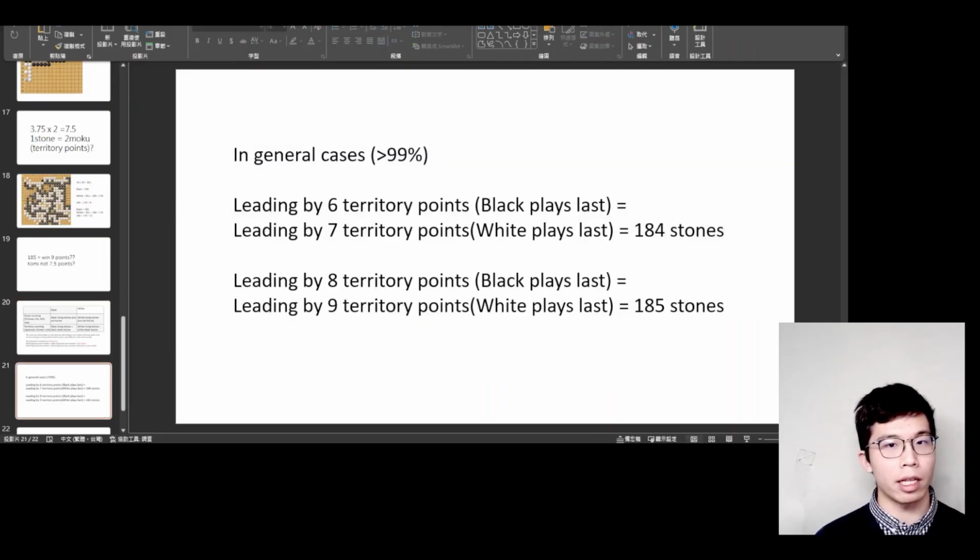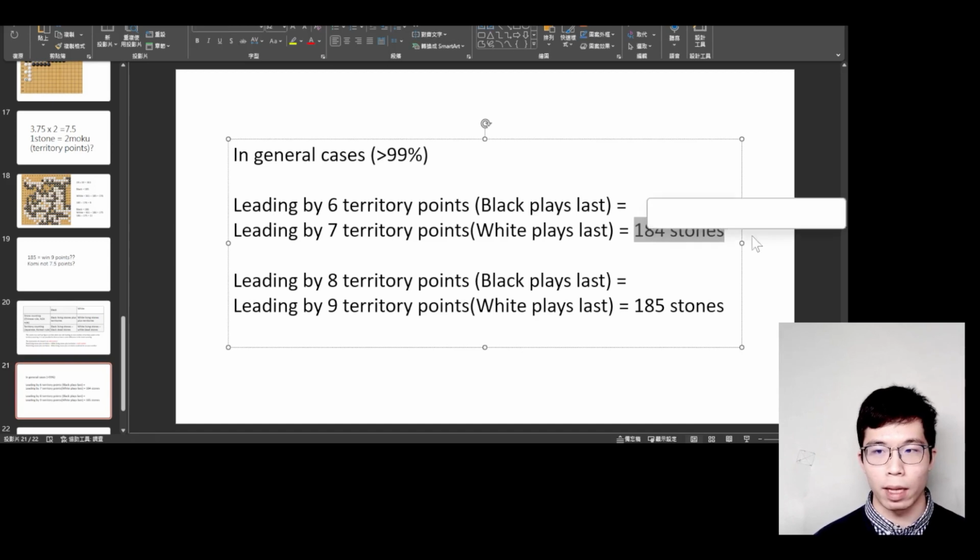So, in general cases, that means if there is no dame fight or seki, then when black leads by 6 territory points, black will play the last. It will be 184 stones. When black leads by 7 territory points, white will play last.